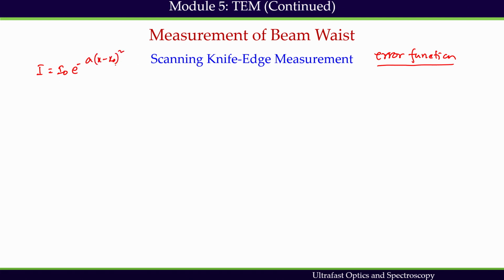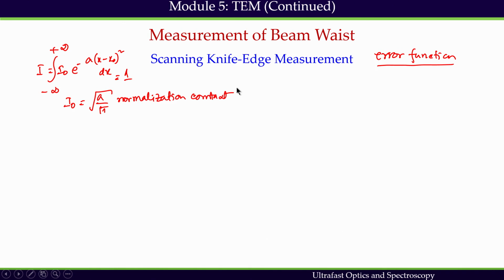If I normalize it, then I integrate it from minus infinity to plus infinity, and the area under the curve is going to be 1. So this gives me directly I naught equals square root of a by pi. This is the normalization constant.